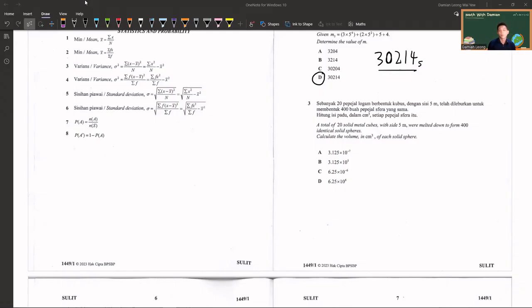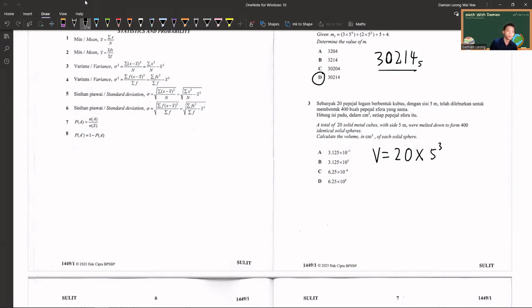So kami cari isi padu atau volume 20 kubus itu. Okay. So 20 darab 5 kuasa 3.